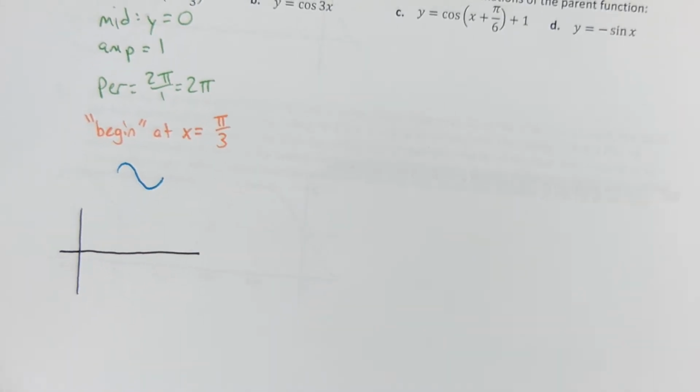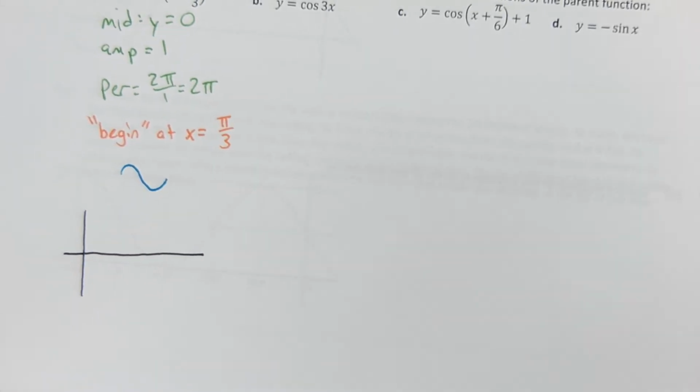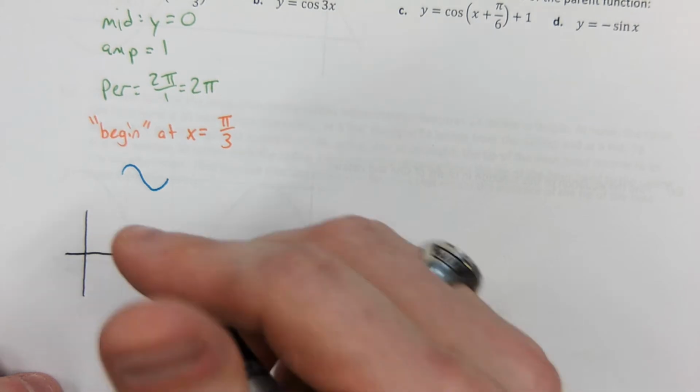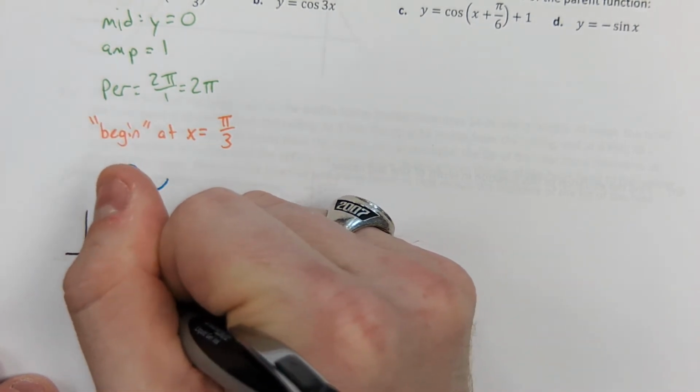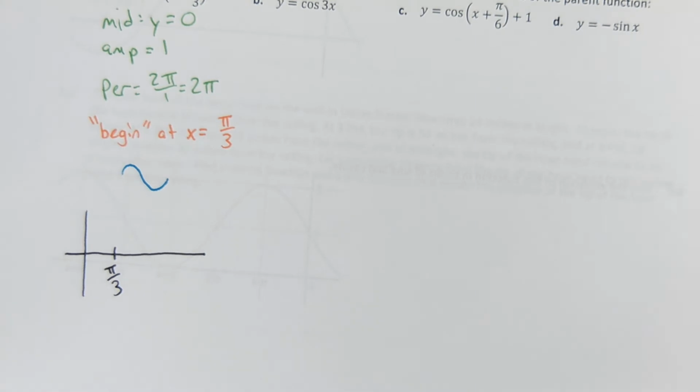That's crooked. Our period length is 2 pi. However, we begin at pi over 3. So if I begin at pi over 3, where do I end? Wouldn't it just be 2 pi after pi over 3?